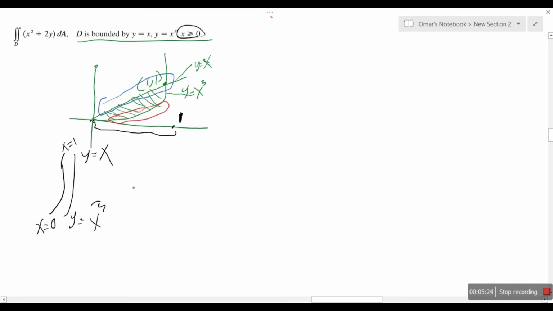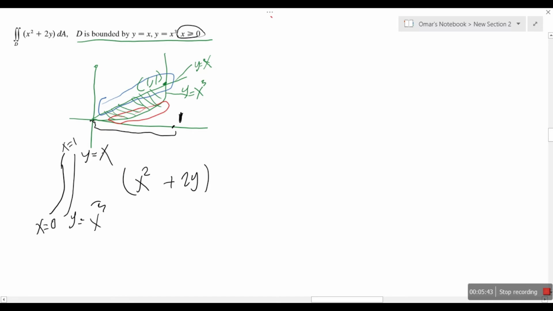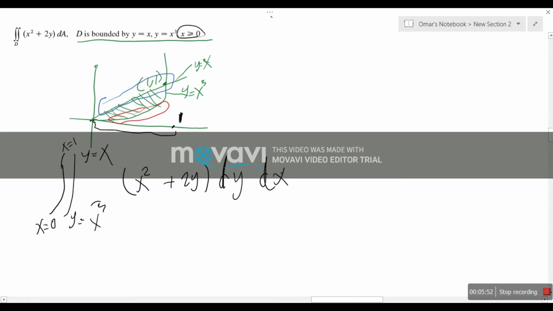And this thing is a type 1 integral, because we have the first integral as a function of x, which will make our work way easier.